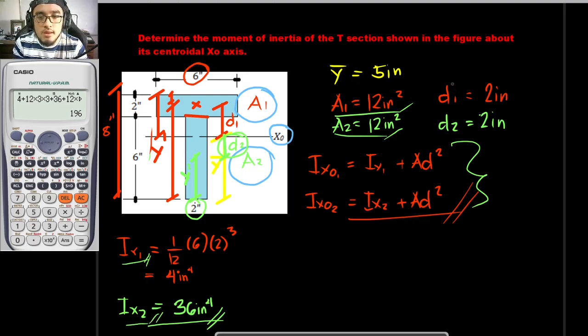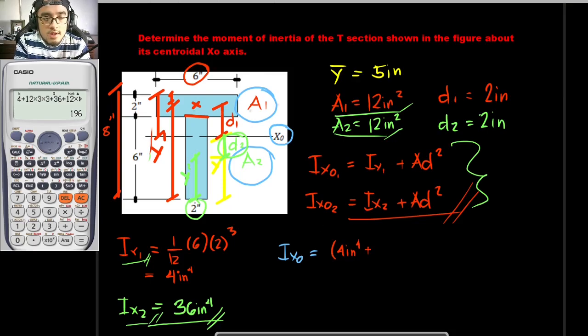So now that we have our moments of inertia of those basic shapes plus their respective areas and their respective lever arms, or the distance from their centroids to the centroidal axis that we will be considering, we can now solve for the total moment of inertia about that point. So I sub x sub O is equal to the moment of inertia of the first area, and that is to be equal to 4 inches raised to 4 plus AD squared, which is the transfer formula.